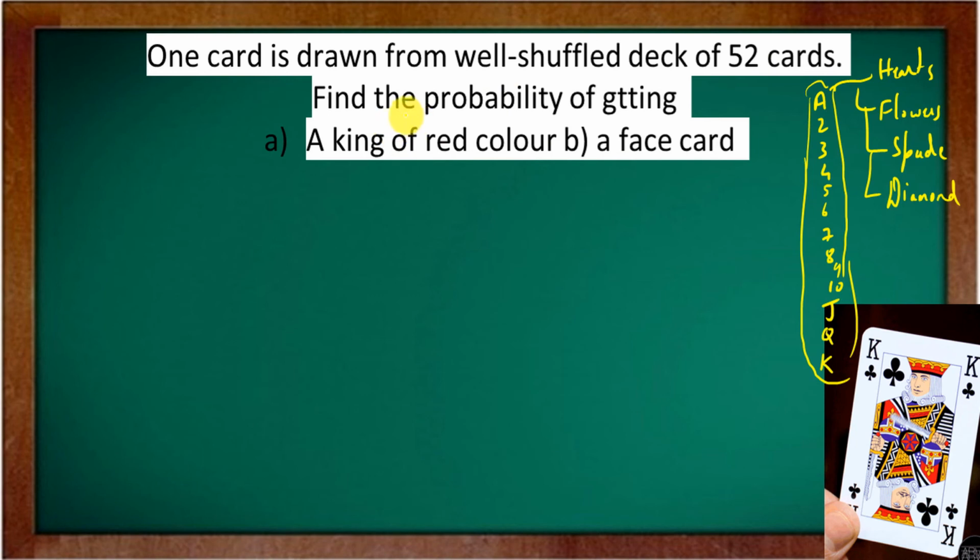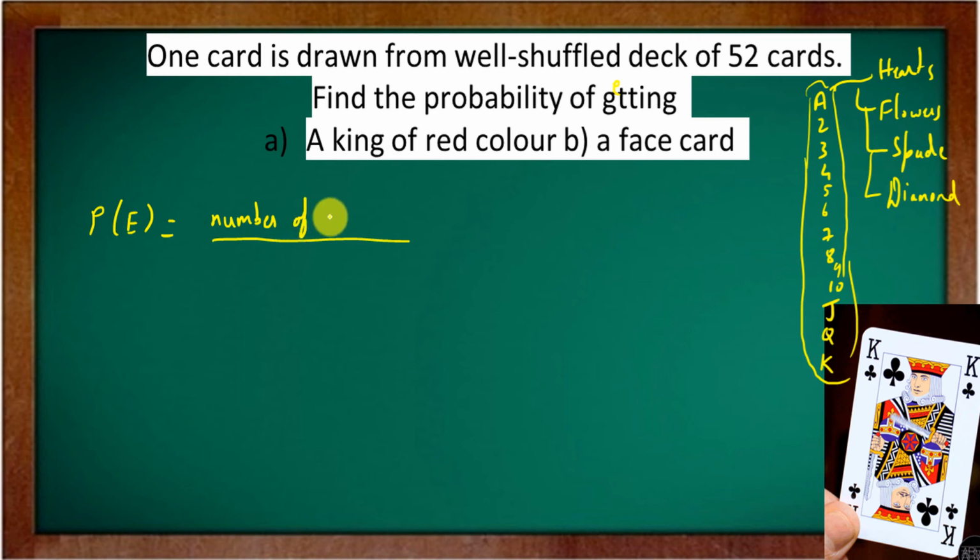And then he's asking us to find the probability of getting, this should be E, there should be E here. Find the probability of getting a king of red color, right? A king of red color and a face card. All right, काय भिवपाची गरज ना. Again we'll go with our basics. All right, probability of event कितें? probability of आमचो event कितें आशिल्लो? numerator by denominator, right? It was what?